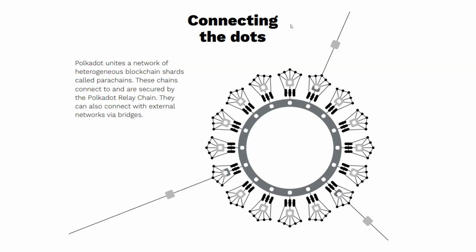When the CryptoKitty game exploded in around 2017, the cost to do a transaction became very high on Ethereum, so people were not able to do transactions. And why so? Because Ethereum is fantastic when it comes to security and decentralization, but Ethereum was not scalable.